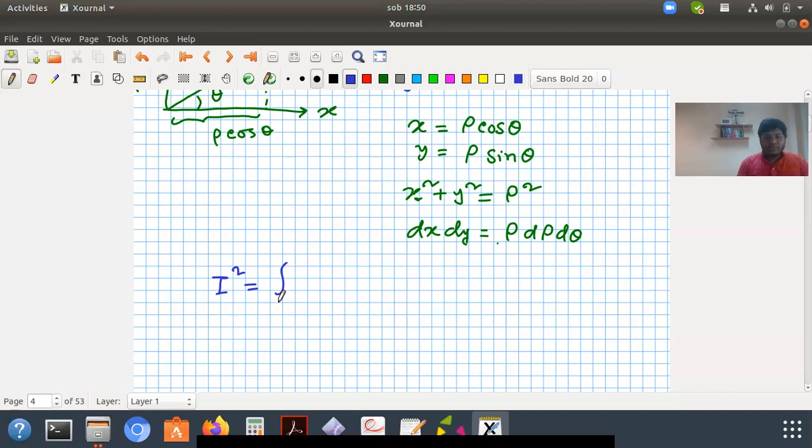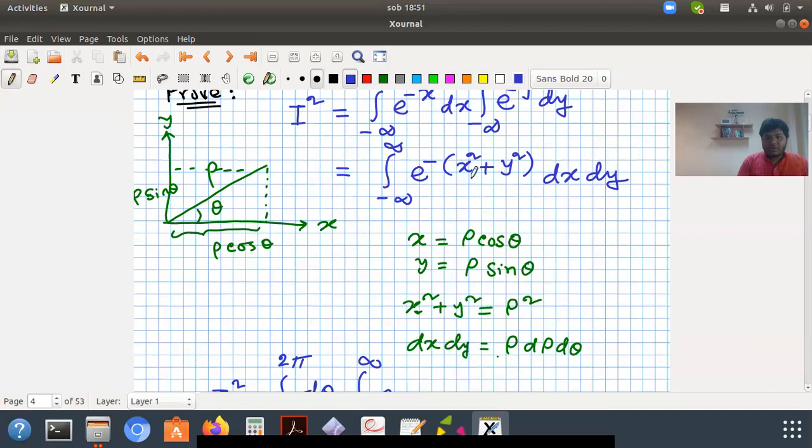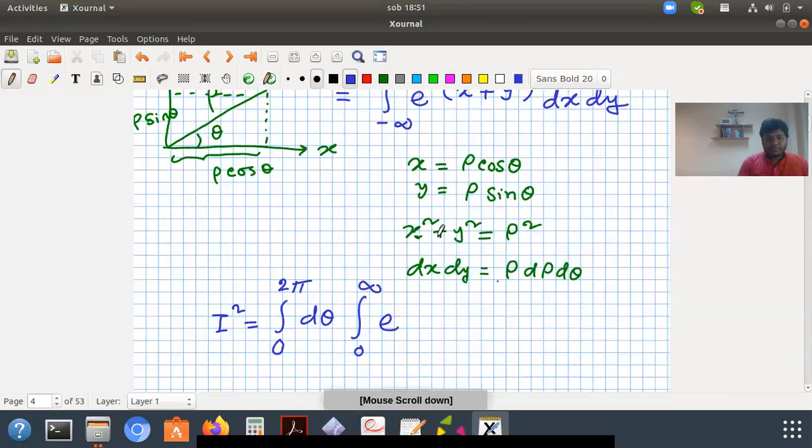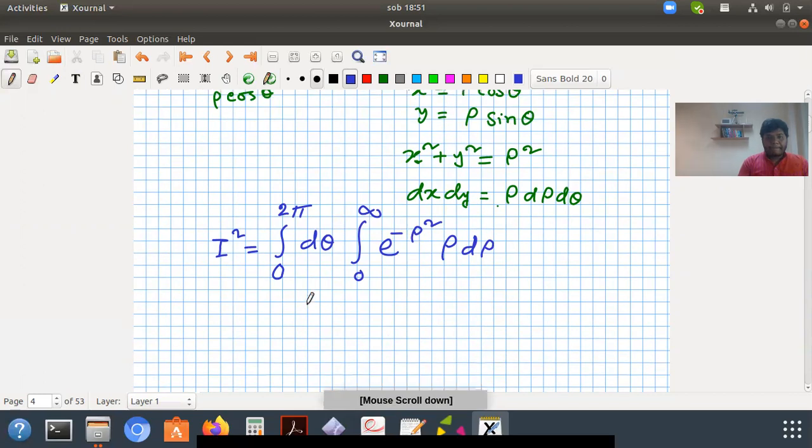For theta, it will be 0 to 2 pi, with d theta, and for rho, it will be 0 to infinity of e to the power minus rho square, and dx dy will be rho d rho. I already took the d theta here. And this term will be 2 pi.